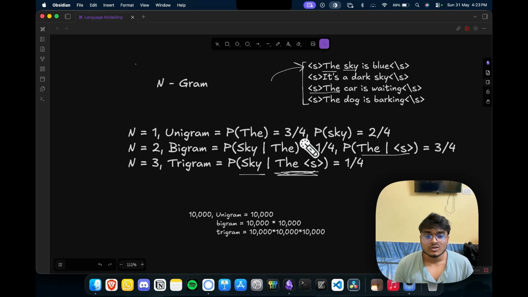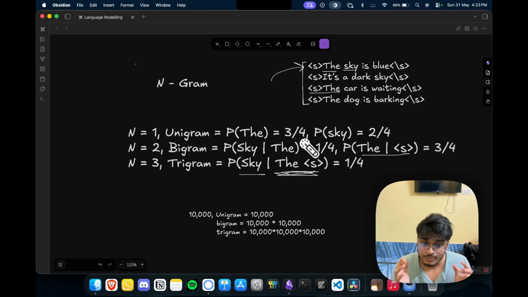But yes, more grams is more accurate but more calculation heavy. The calculation in unigram is pretty less, the calculation of a bigram is moderate, but the calculation of trigram is really high.